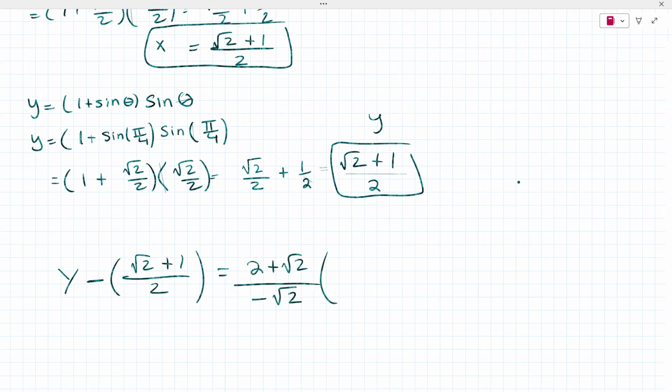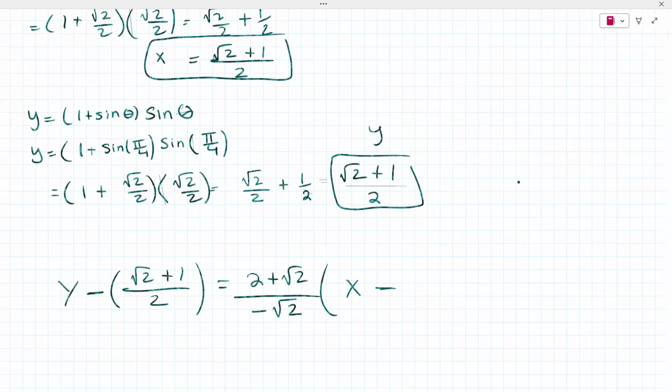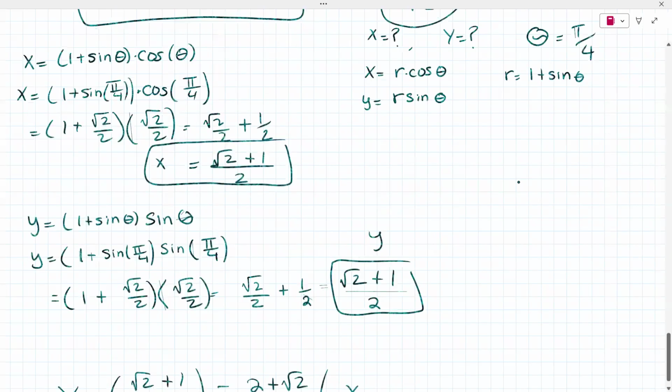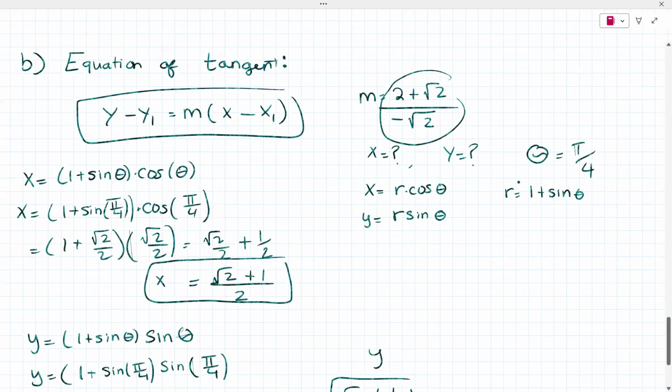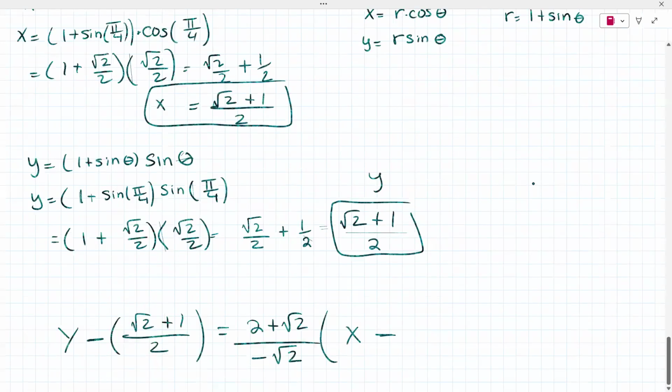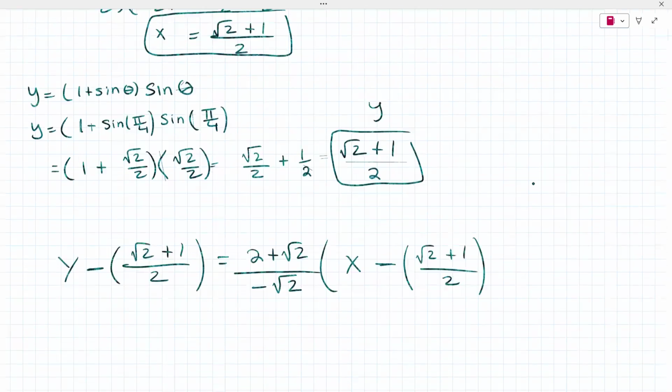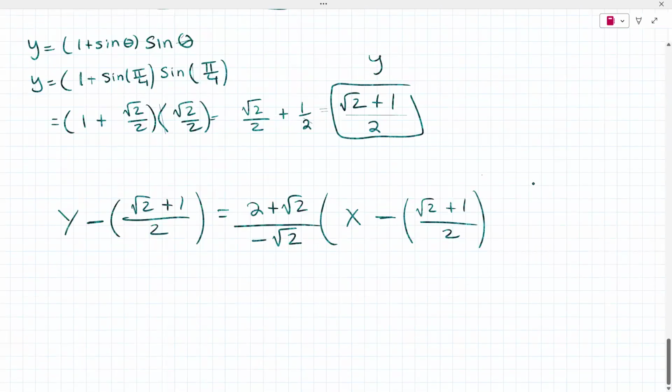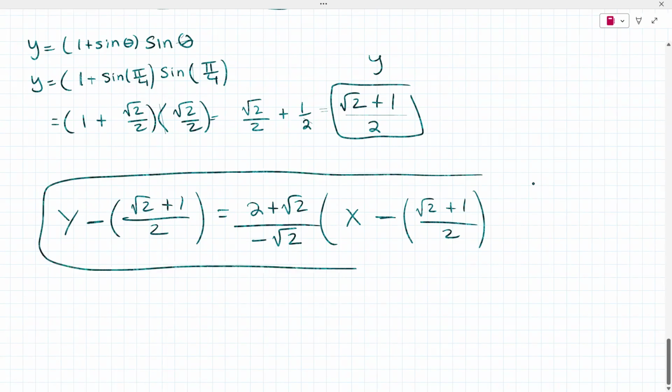And then it's times x minus x1, and what's my x1? It is this one. And I guess that's it. That's your final answer. So this is your answer for part B.